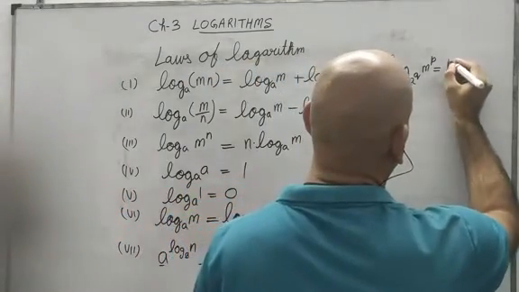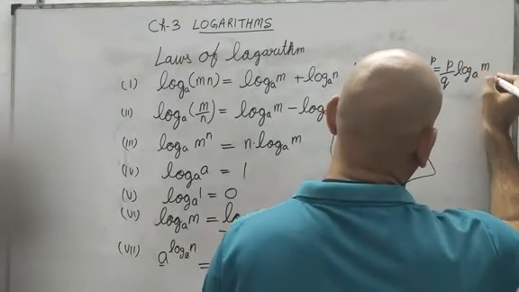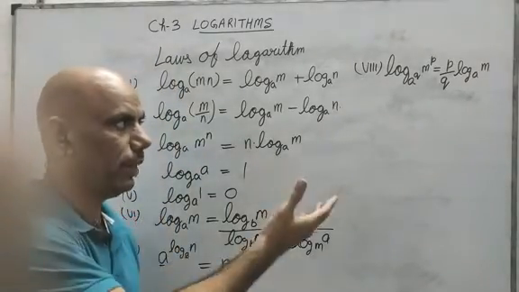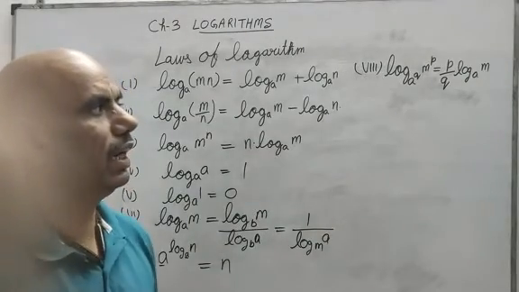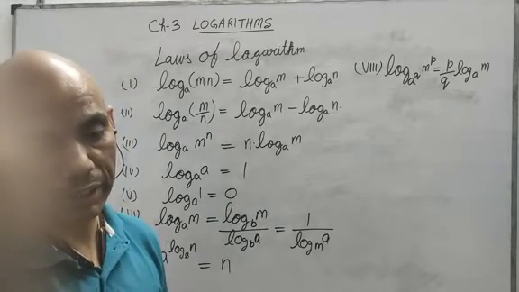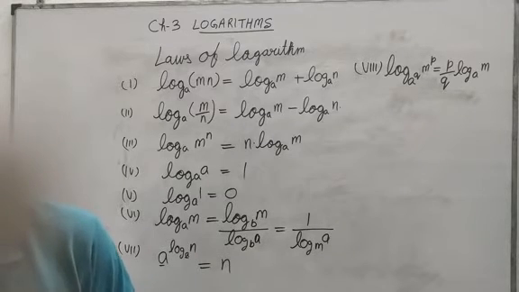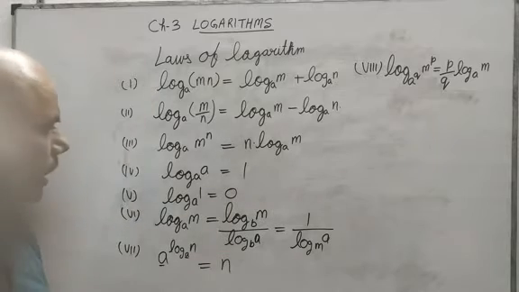So it will become P upon Q log m base A. Means the power of the base and the power of the log number both will be in the multiplication, and then it can be written as P upon Q log m base A. These are the 8 laws of logarithm which we are going to utilize in the questions. I am very sure that you can understand them. All these are clear in your mind.